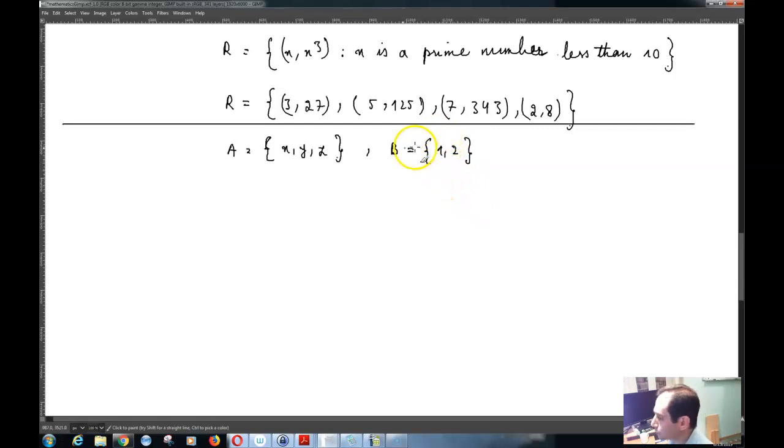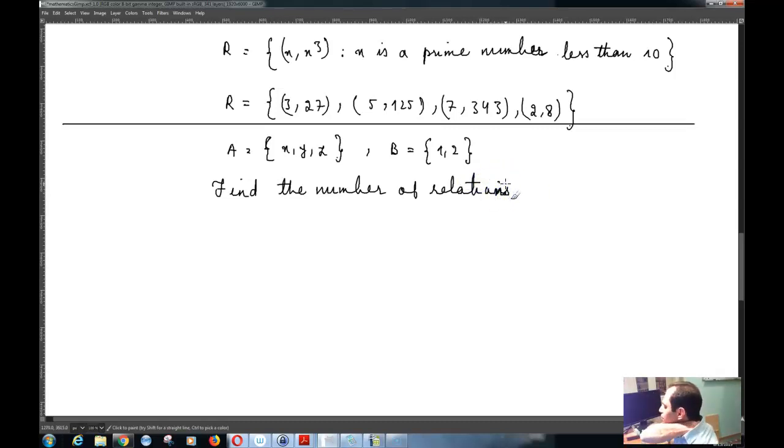Find the number of relations from A to B.